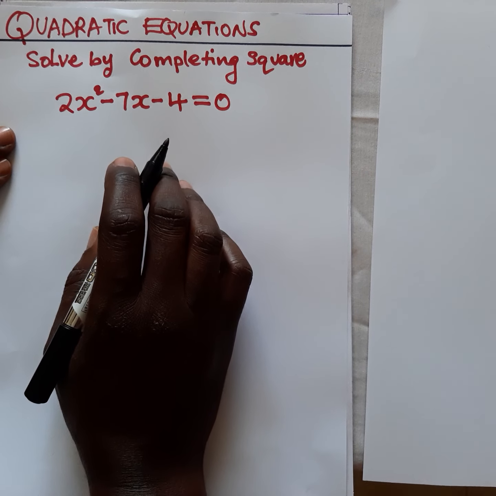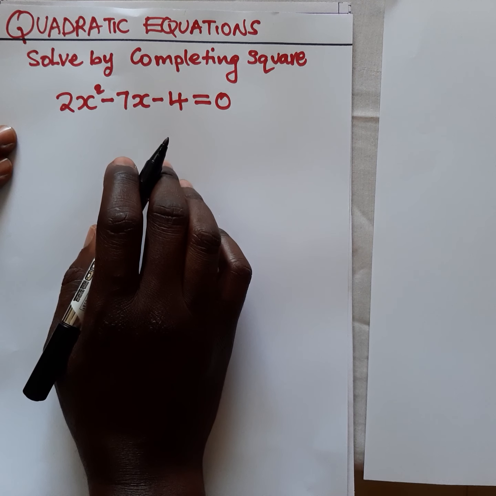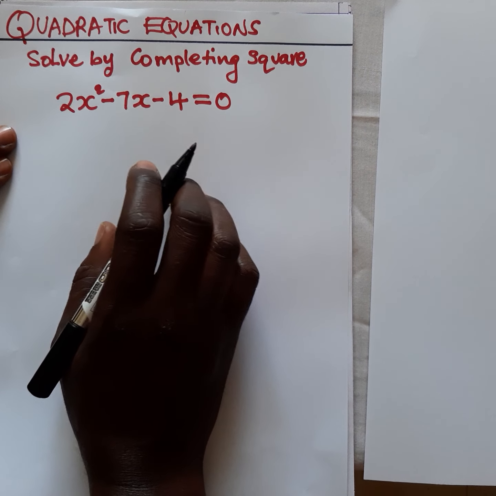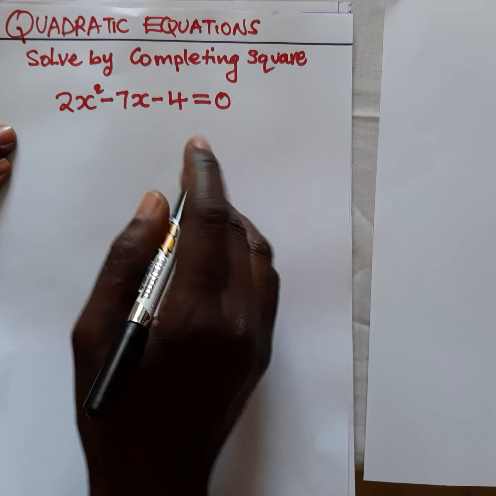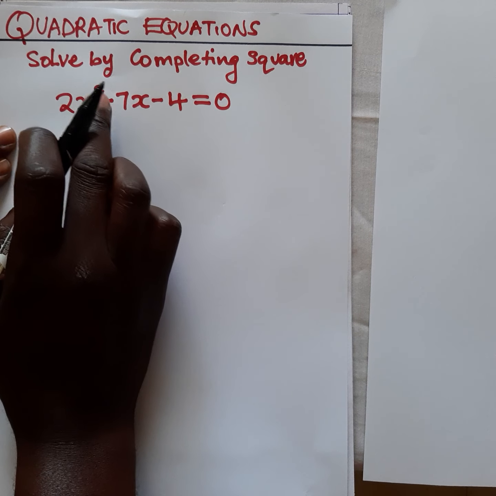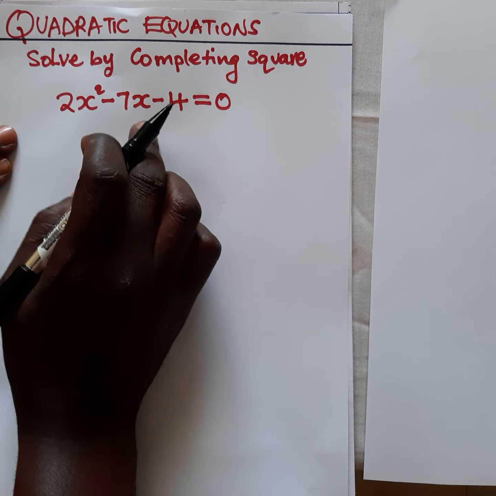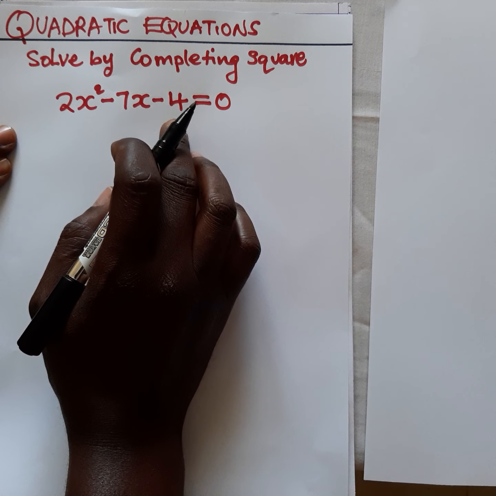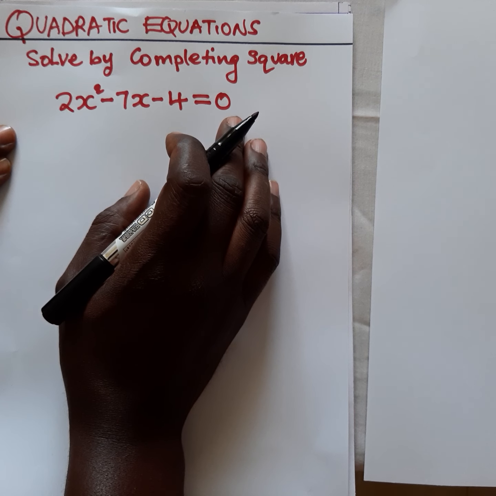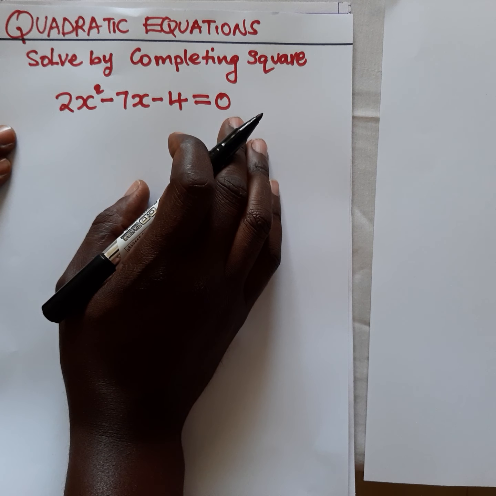In today's video, we are going to learn how to solve the equation 2x squared minus 7x minus 4 equals 0 by use of the completing square method.